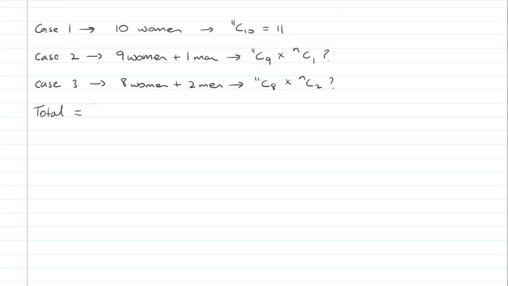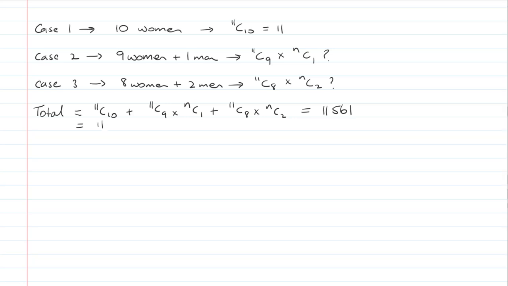So our sum is case 1, 11C10, plus case 2, 11C9 times NC1, plus case 3, 11C8 times NC2. And this sums up to 11,561. That's our total number of possibilities as given in the question.